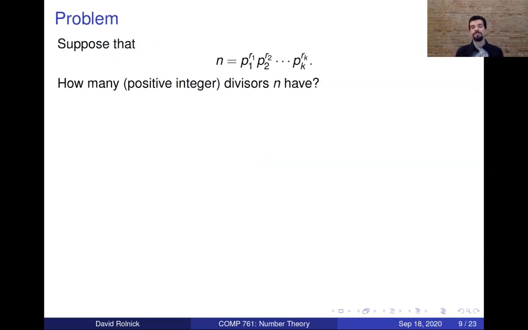Here's a cool problem. Suppose that you have the prime factorization of an integer n. How many positive integer divisors does it have?